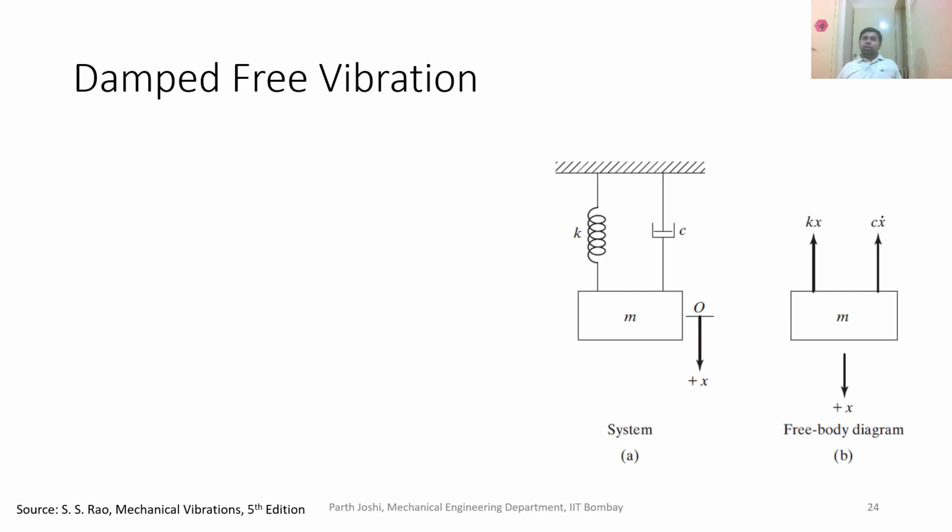Let us say if you see a pendulum, for example, whenever a pendulum is swinging in air, it will always tend to slow down and after some time it will just come to rest because of the damping present in the system. Damping can be because of air resistance or viscous drag or different kinds of forces which resist the motion. So we'll represent it by the parameter called damping.